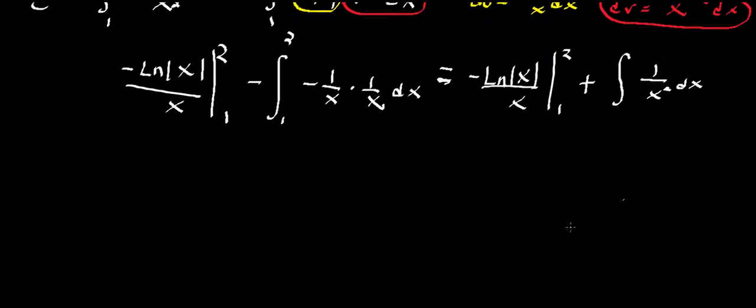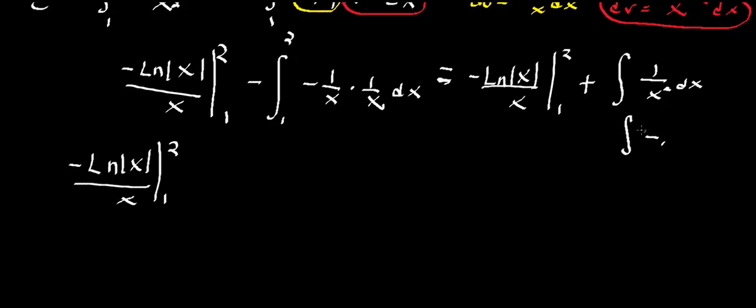Well, let's clean this up even more. Let's put it in a form that's pretty easy to integrate. This is equal to the negative natural log of x over x, evaluated from 1 to 2. Well, what's the integral of 1 over x squared? This is the integral of x to the negative second dx.